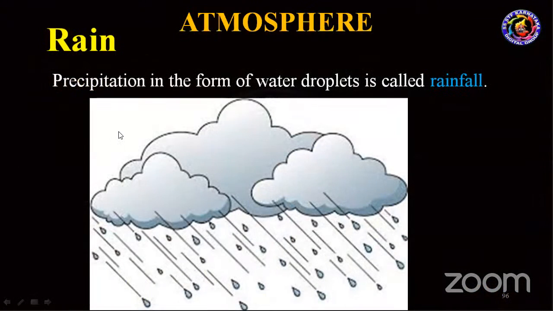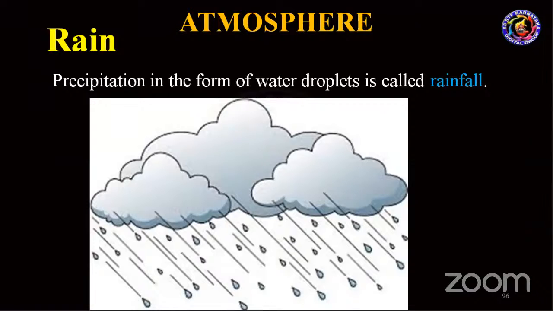Okay, next we are going to discuss rainfall. Rain is the condensed moisture from the atmosphere that drops on the earth as water. You already have an idea of how rainfall occurs.